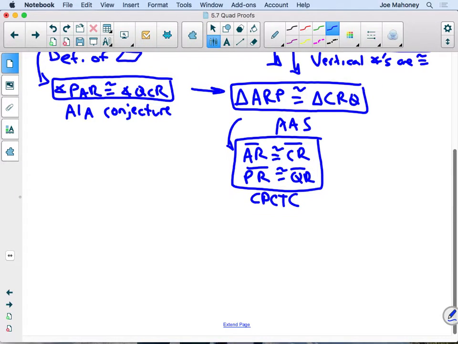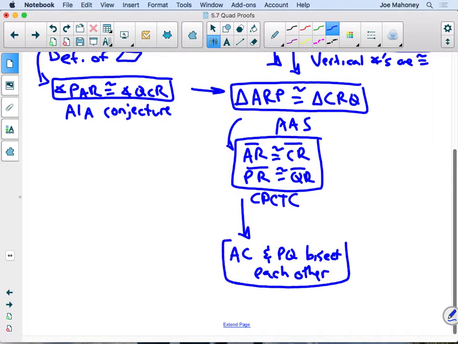And therefore, since each of these pairs of segments are congruent, I can say that AC and PQ bisect each other, with my reason being the definition of bisector.